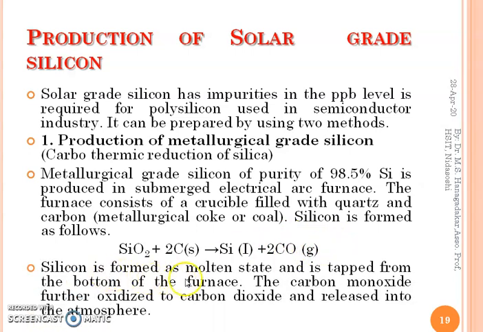The silicon is formed in the molten state, and it is tapped, drained from the bottom of the furnace. The carbon monoxide is further oxidized to carbon dioxide and released into the atmosphere, because carbon monoxide is toxic to the environment. To prevent that pollution, we oxidize it further and release it as carbon dioxide gas.